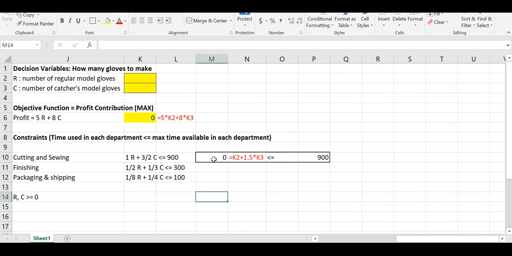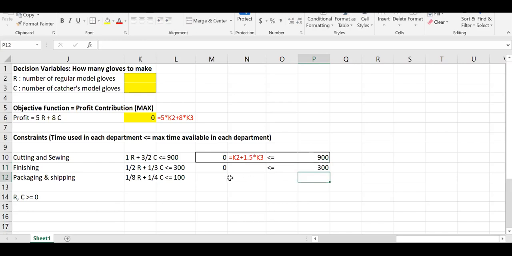The number of labor hours used in the cutting and sewing department should be less than or equal to 900. Same thing for finishing: half of R plus 1/3 of C. This is the left-hand side, and it should be less than or equal, that's the sign, and the right-hand side is 300.